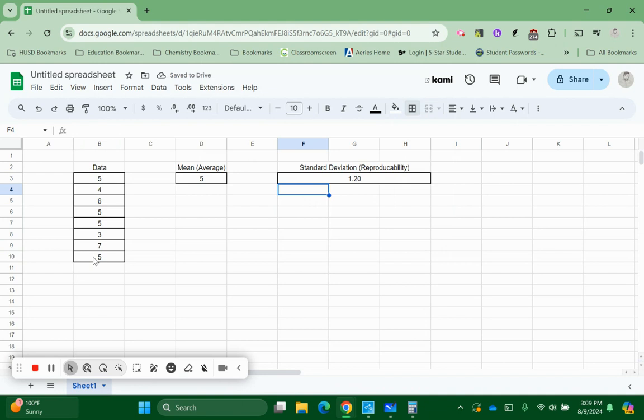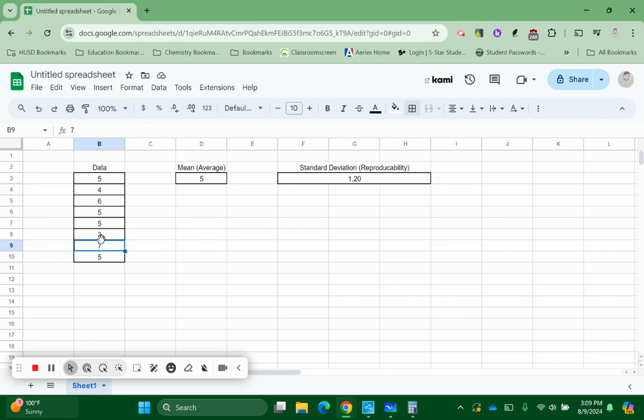And my standard deviation is 1.2. With standard deviations, the lower the standard deviation, the more reproducible your data is. Let me show you what I mean.